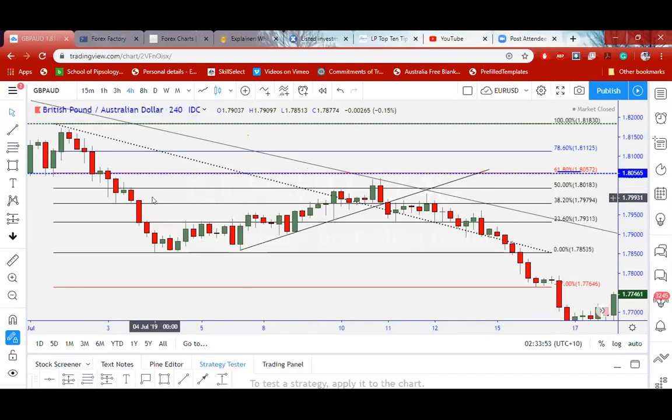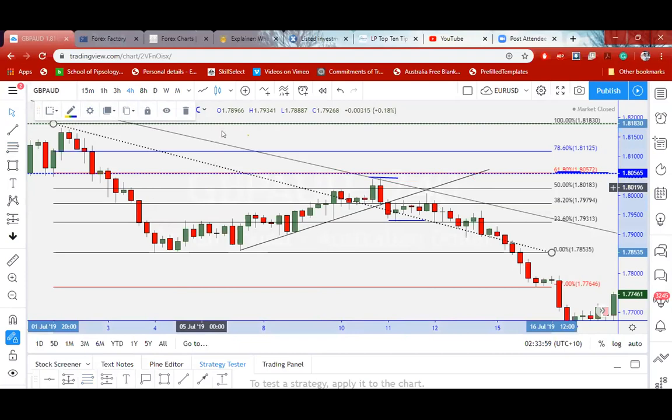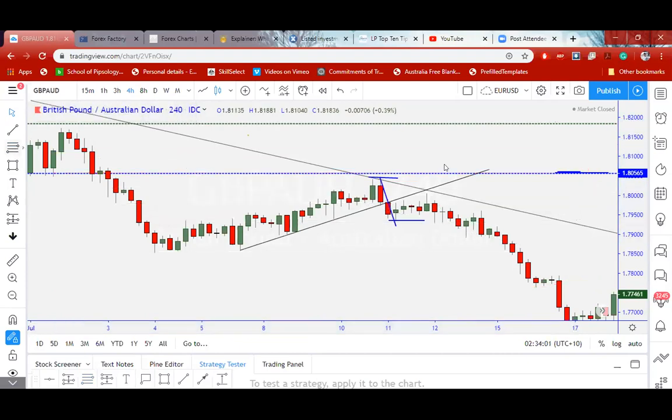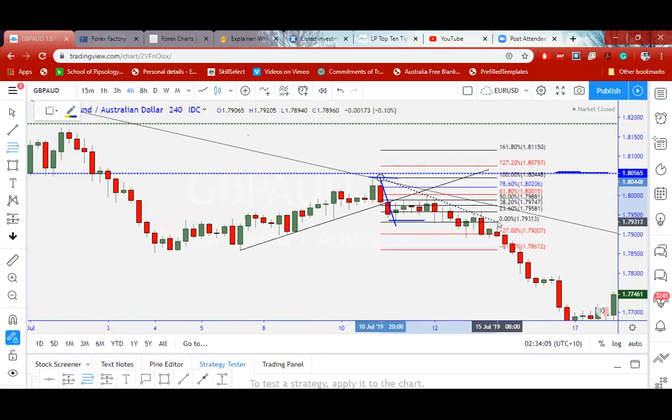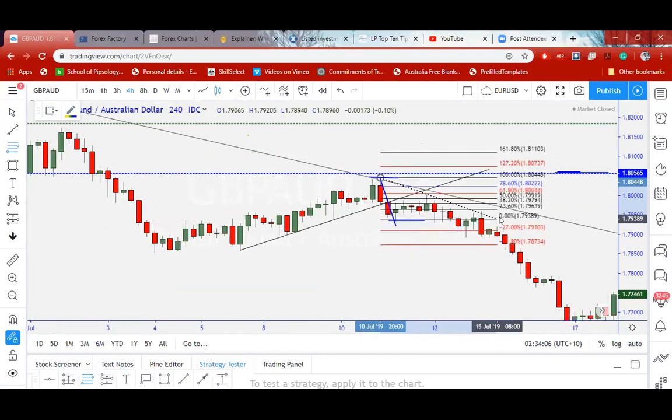So what we are looking for now is to go short before the 61.80 is tapped. So let's put the Fibo from high to low. Okay, what can you find? 61.80 tapped. Yeah. Okay, and also head and shoulders. Okay, head and shoulders, 61.80.